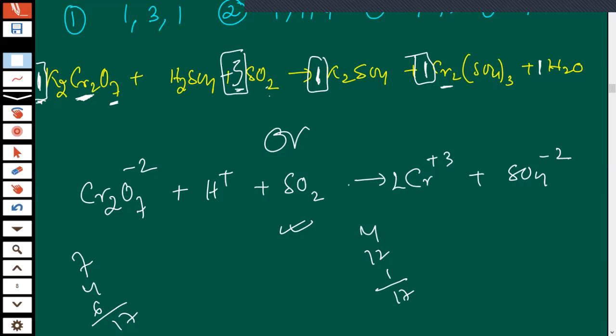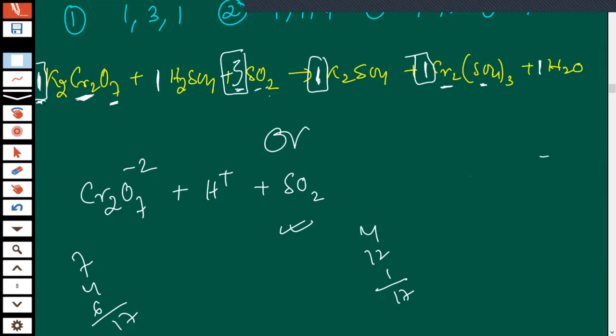So what we did, first we tried with this. It means that this SO4 went to this side, okay? That type of problem will come to you, and by doing practice only we can solve that problem. So no need of ionic.